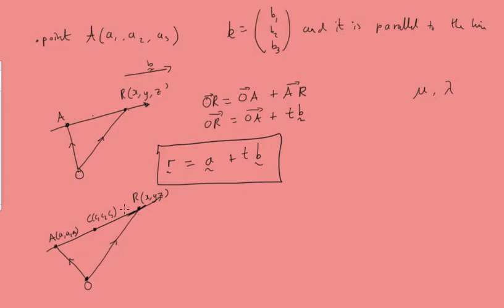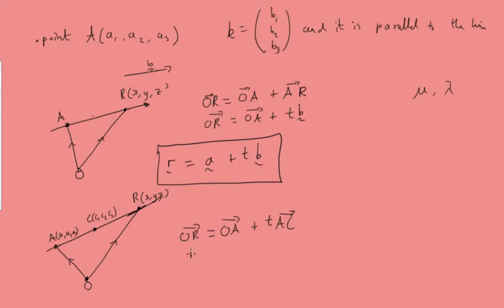This is very similar to before, but this time OR is going to be OA plus, now this point C, AC can be slid along here till it gets to R. So we can change the length of the vector AC to get to R by multiplying it by another parameter, which we'll call t.